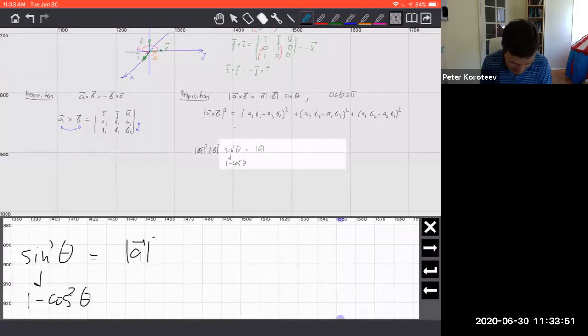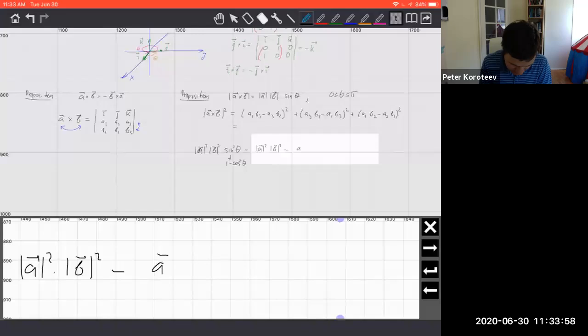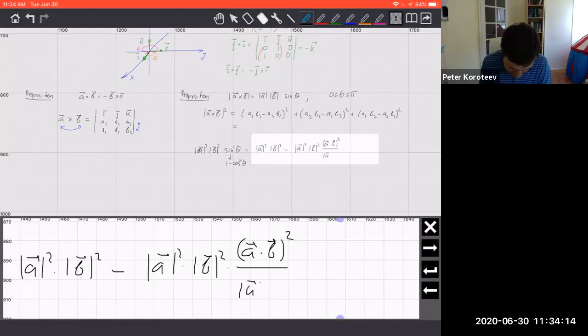The absolute value of a squared times the absolute value of b squared, minus the absolute value of a squared times the absolute value of b squared times cosine squared. And cosine squared is (a dot b) squared divided by the absolute values squared, so we can cancel that.